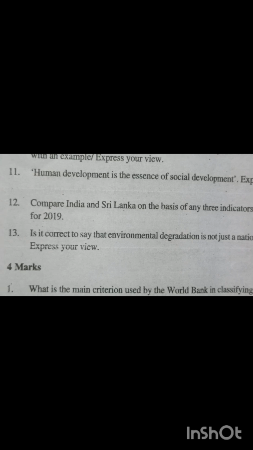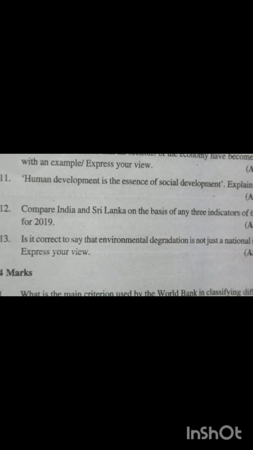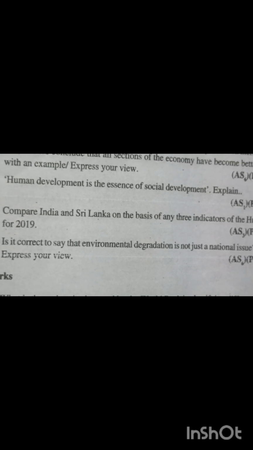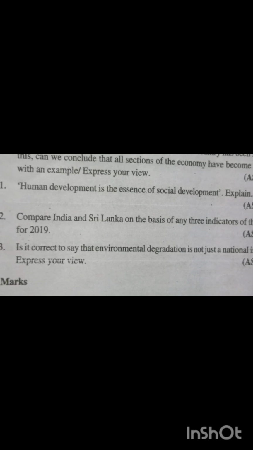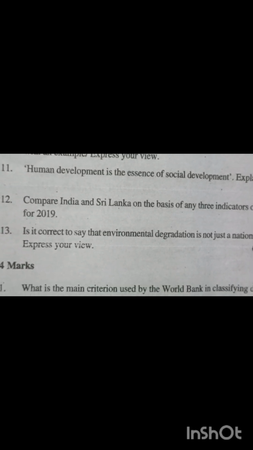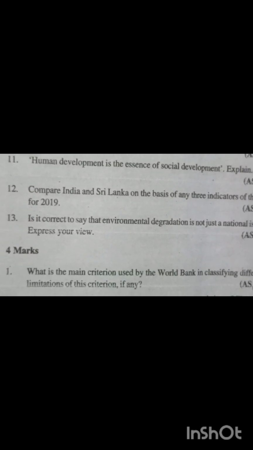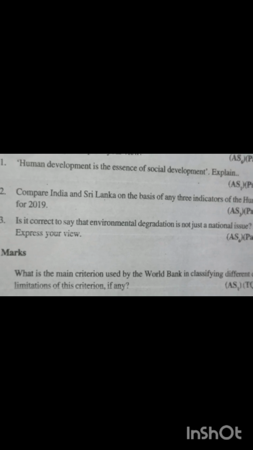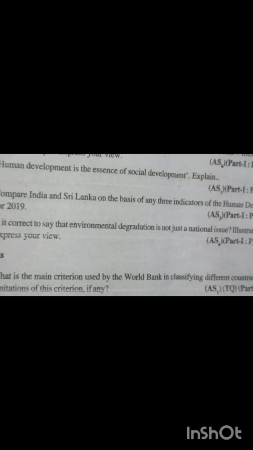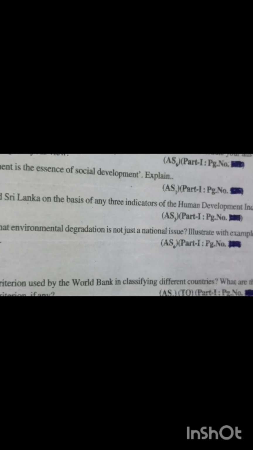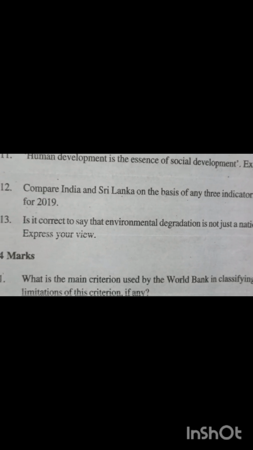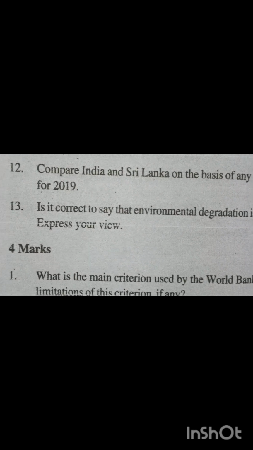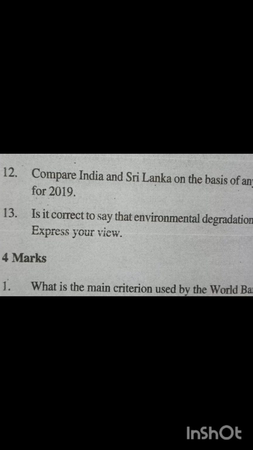11th one. Human development is the essence of social development. Explain. 12th one. Compare India and Sri Lanka on the basis of any three indicators of the Human Development Index for 2019. 13th one.